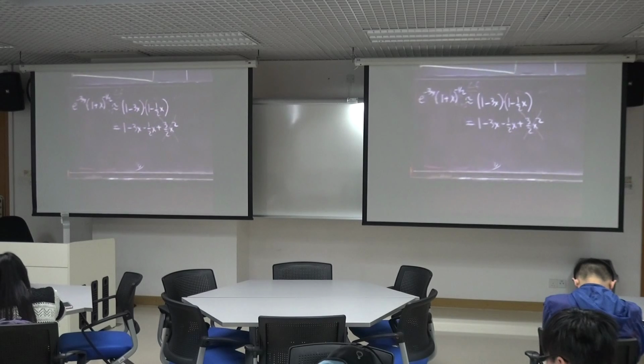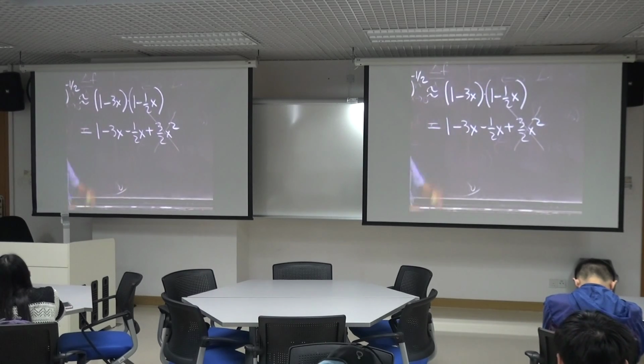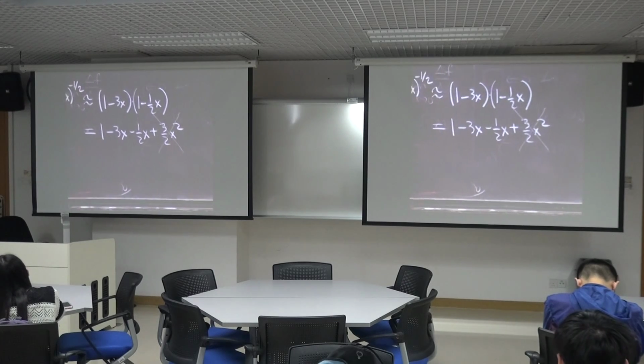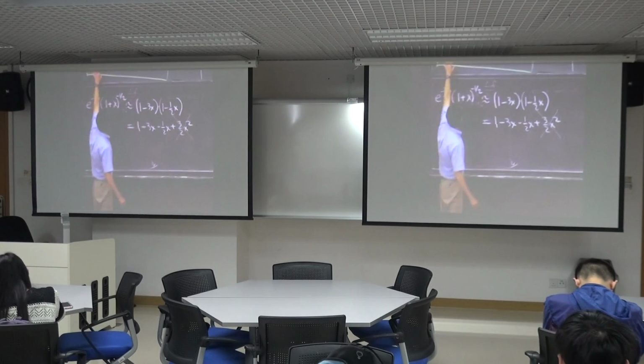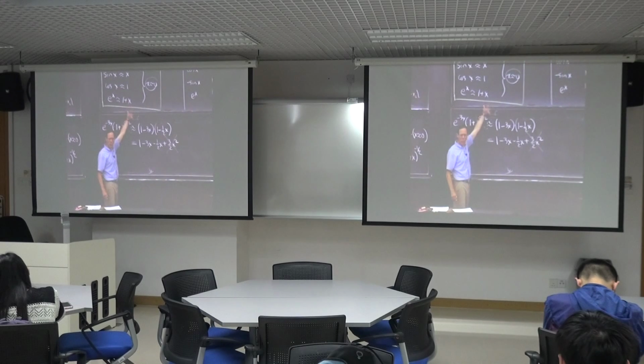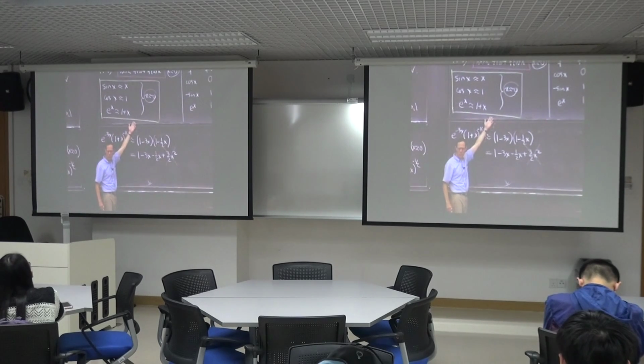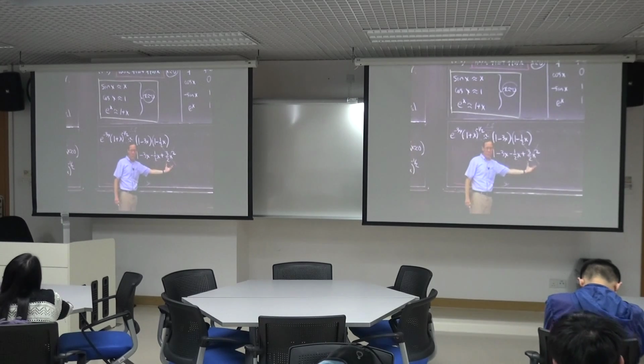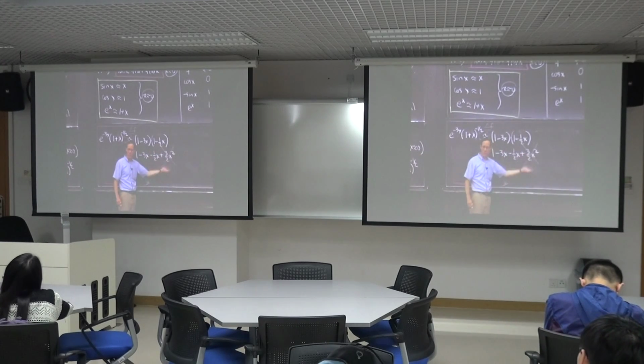All right? I'm going to ignore it. In fact, I didn't even have to work it out because I'm going to throw it away. So the reason is that already when I passed from this expression to this one, that is from this type of thing to this thing, I was already throwing away quadratic and higher order terms. So this isn't the only quadratic term. There are tons of them. I have to ignore all of them if I'm going to ignore some of them.